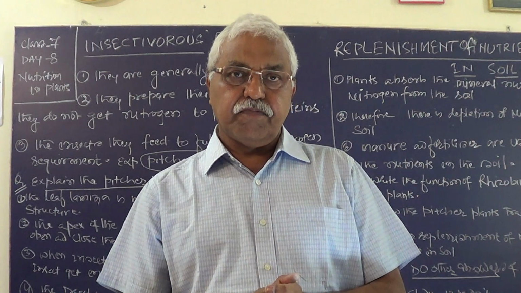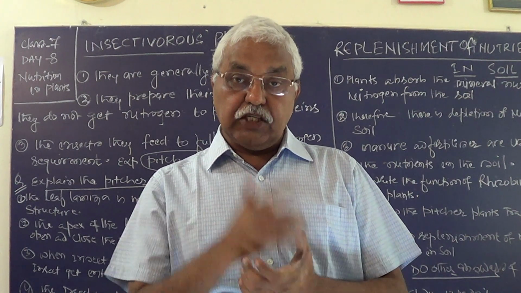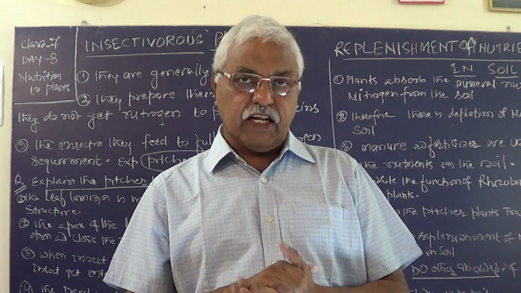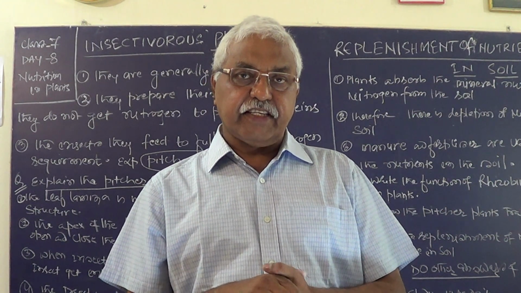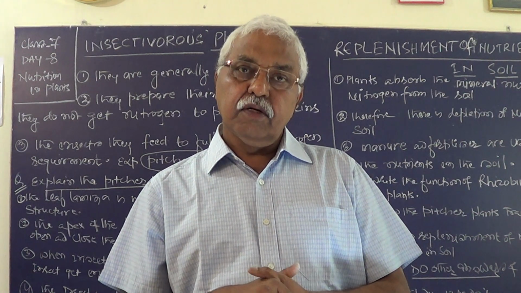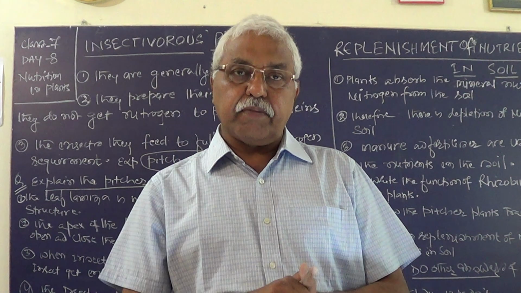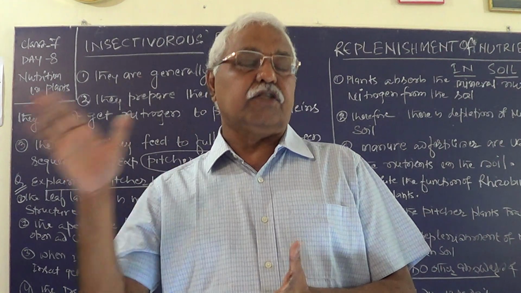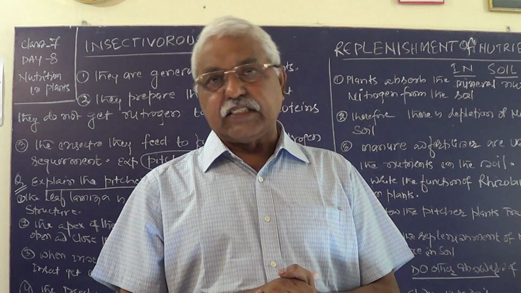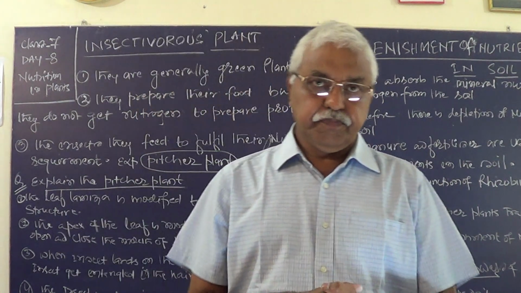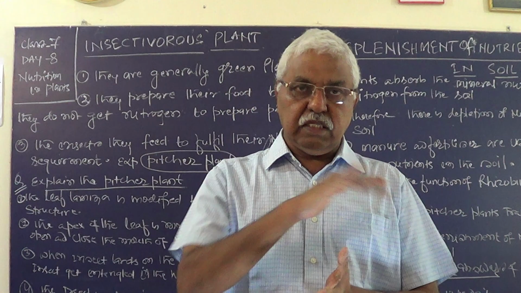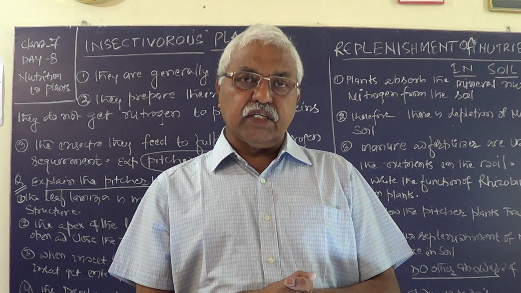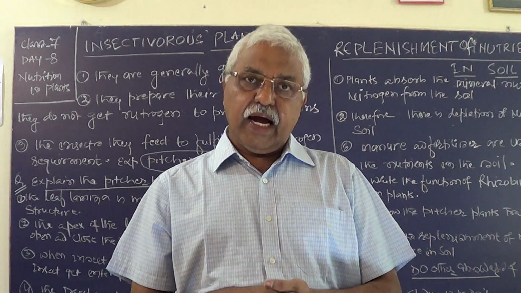That nutrient or nitrogen is replenished by different types of fertilizers: sulfates, nitrates, urea, the chemical fertilizers. At the same time, the manure, which is produced from agricultural waste or cow dung, replenishes the nutrients of the soil and nitrogen.